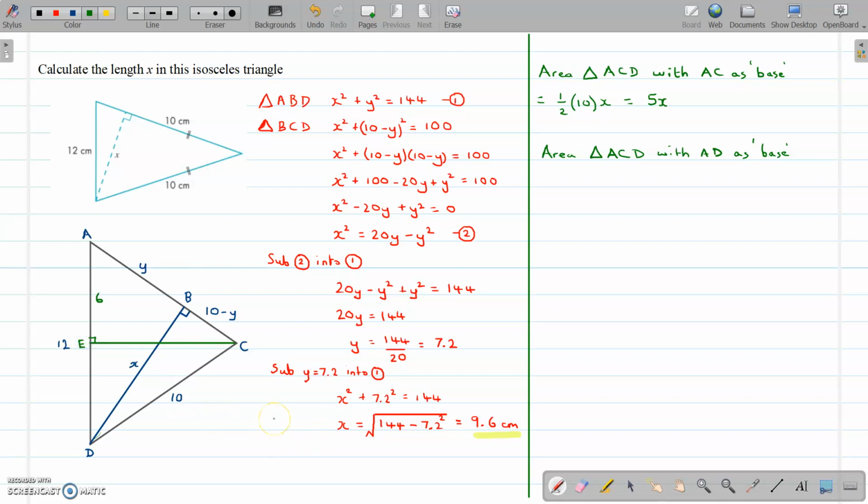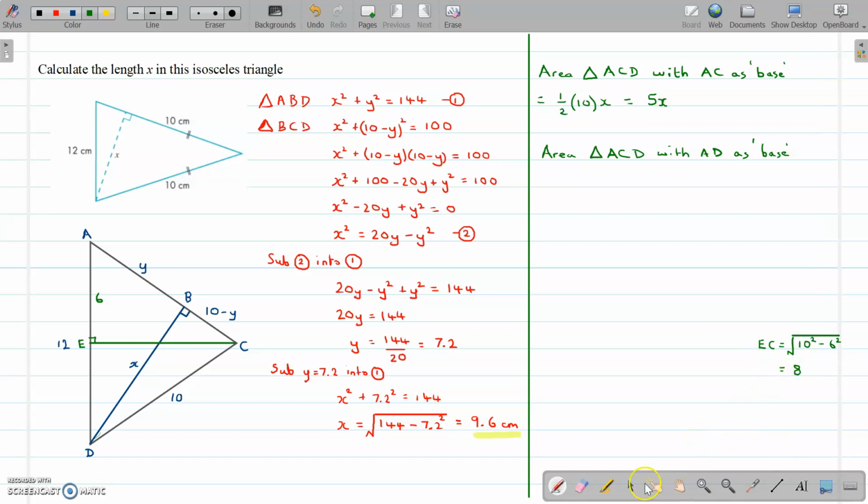then EC is going to be the square root of 10 squared minus 6 squared, by Pythagoras. And 10 squared minus 6 squared is 64, it's 100 minus 36, and therefore EC is equal to the root of 64, which is 8.